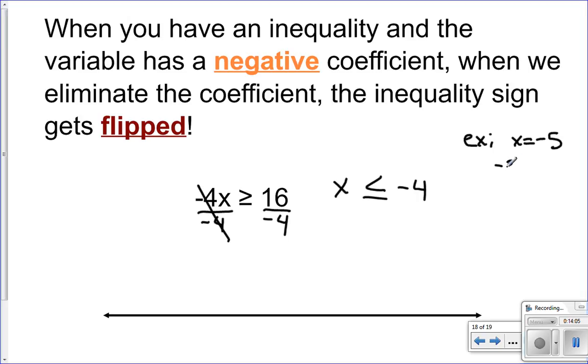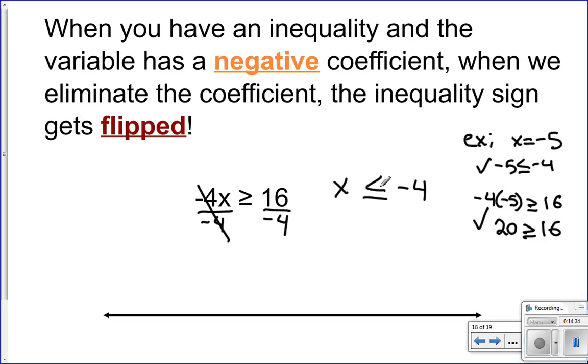Well, it holds true for the inequality. That holds true. Good. Now let's plug it in. If I have negative 4 times negative 5, is that greater than or equal to 16? Well, remember, a negative times a negative is a positive, and 4 times 5 is 20, so 20 is greater than 16. And therefore, that's true as well.